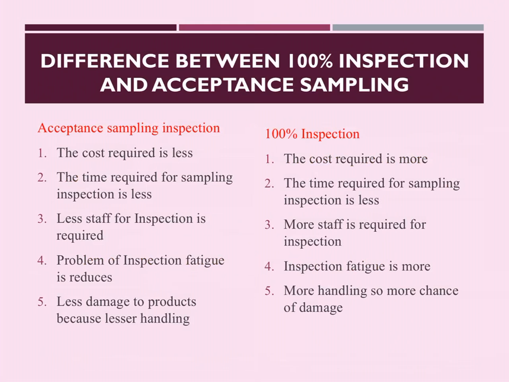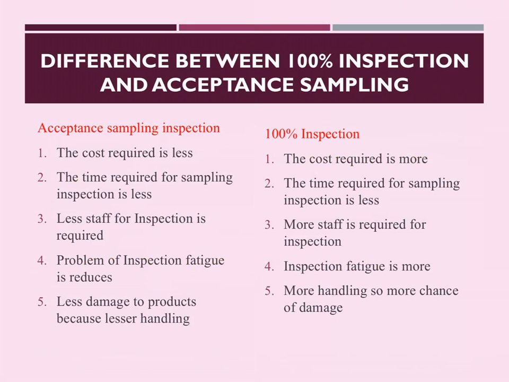The staff required for acceptance sampling is less, for 100% inspection it is more, because each and every item we are going to inspect, so time required is more, cost required is more, and the staff for inspection is also more.